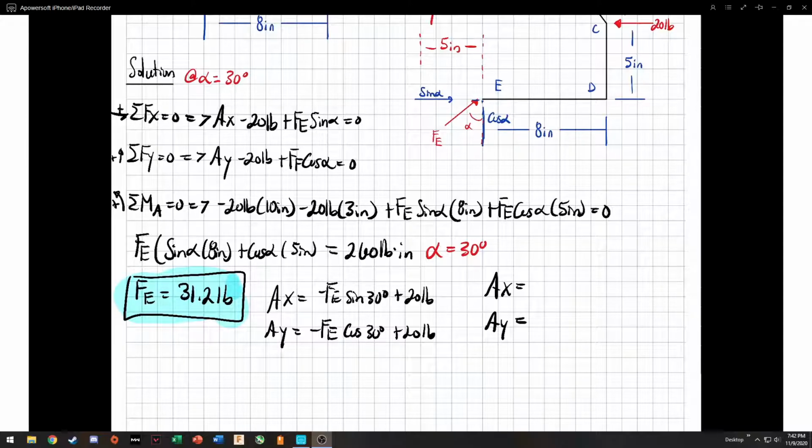So plugging in our value, we have negative 32.2 pounds times sine of 30 plus 20 pounds. We get AX to be 4.394 pounds. And solving the same equation with FE to find AY, we get negative 32.2 cosine of 30 plus 20. We get a negative 7.03 pounds.